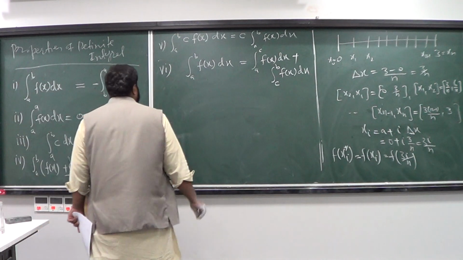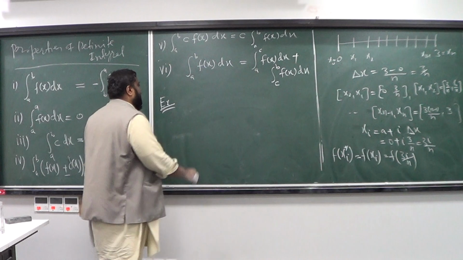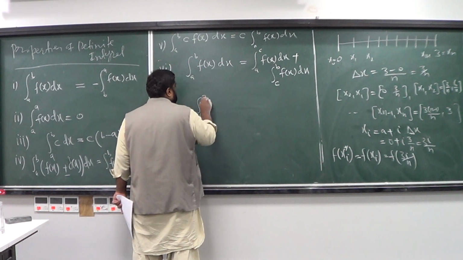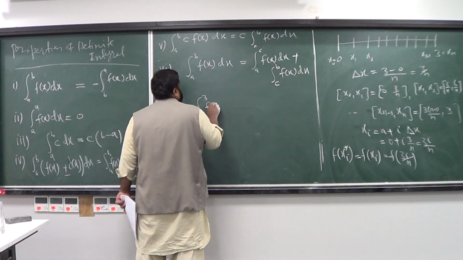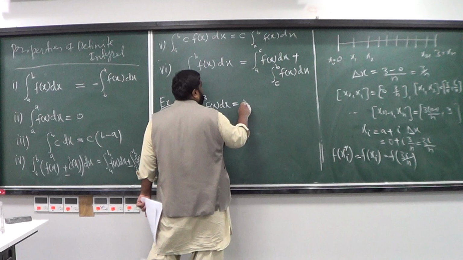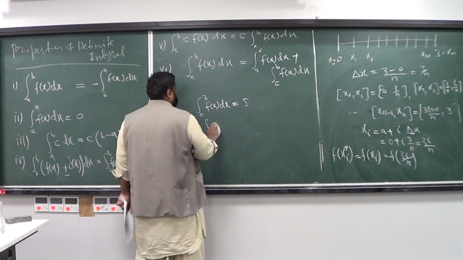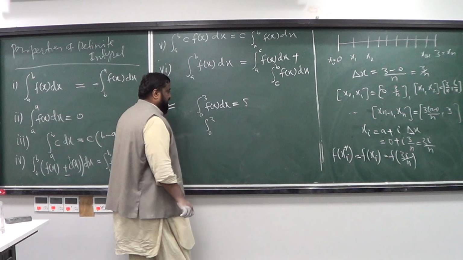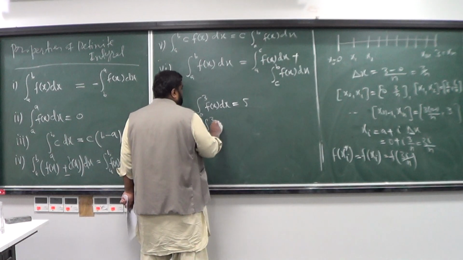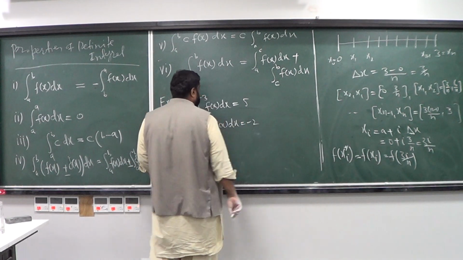Now, here is one little example that I must do. For example, it is known to me that I have a function that goes from 0 to 3. I don't know what this function is, the integral of f of x dx, but its value is 5. This is known to me. And I have another integral that goes from, say, 0 to 3, g of x dx, and its value is minus 2.